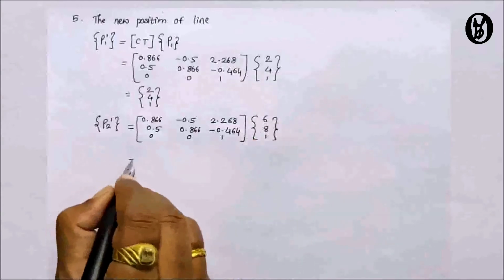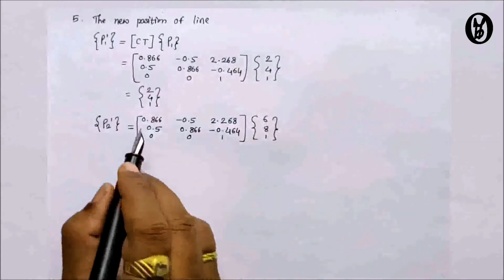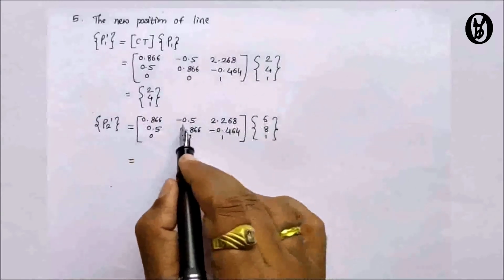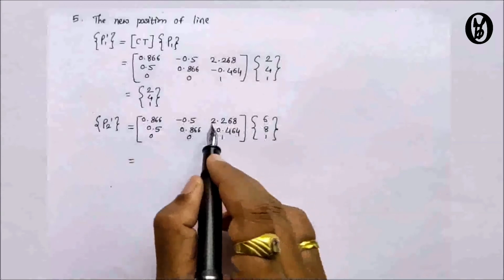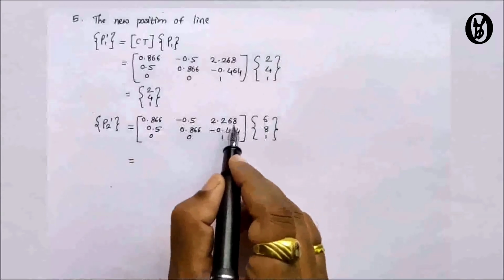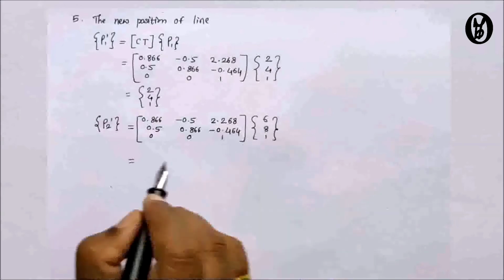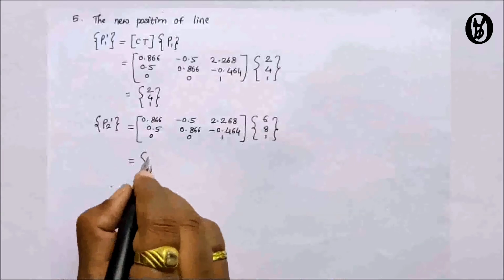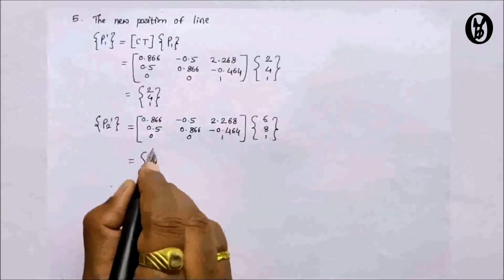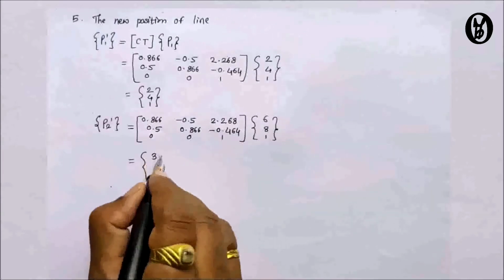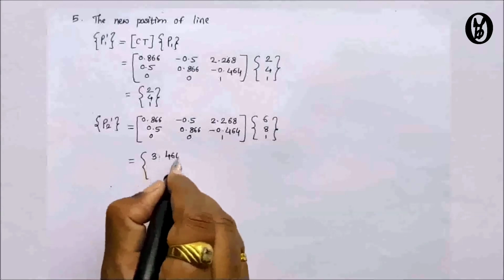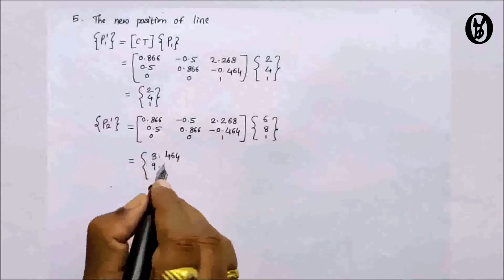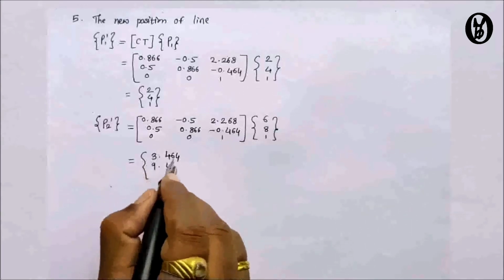We have to do multiplication of these two matrices. 0.866 multiplied by 6 plus -0.5 multiplied by 8 plus 2.268 multiplied by 1. So it is 3.464. Similarly, we can get the y coordinate 9.464 and third element 1.